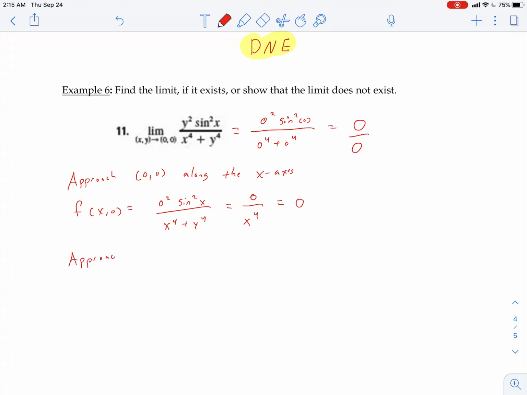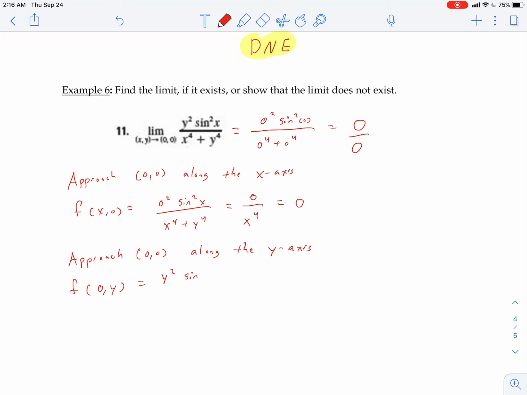Alright, so we can try that. So we're going to approach 0, 0 along the y-axis. Hopefully we get a value different than 0. So 0, y.